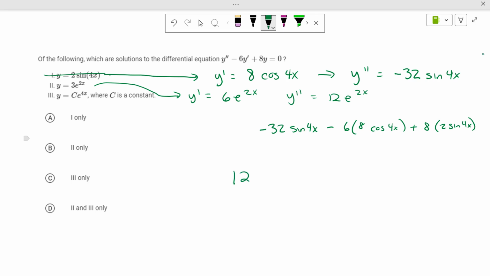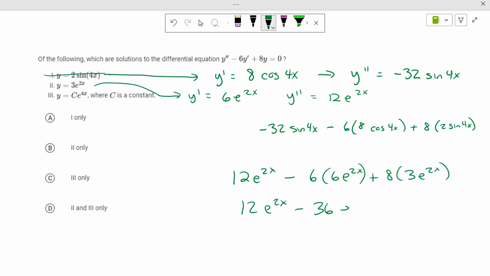So 12e to the 2x minus 6 times 6e to the 2x plus 8 times 3e to the 2x is 12e to the 2x minus 36e to the 2x plus 24e to the 2x equals 0. 2 works.